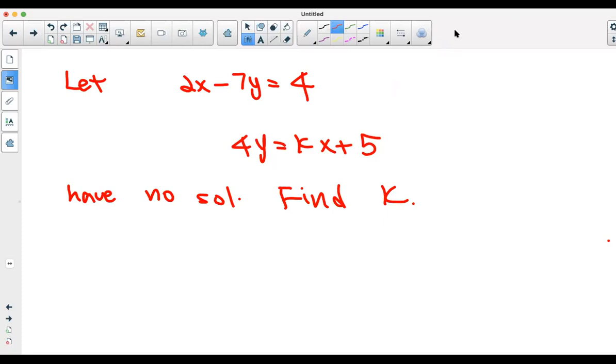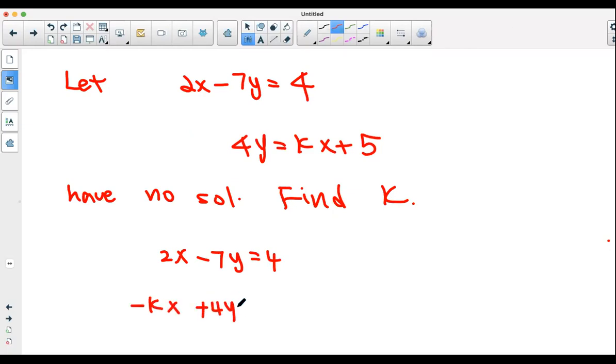Alrighty, guys. So I'm going to go one more time. In order for me to do this one, I'm going to bring this one over to the other side. So I get 2x minus 7y equals 4, but negative kx plus 4y equals 5. I can set it up this way and then set up the proportion.